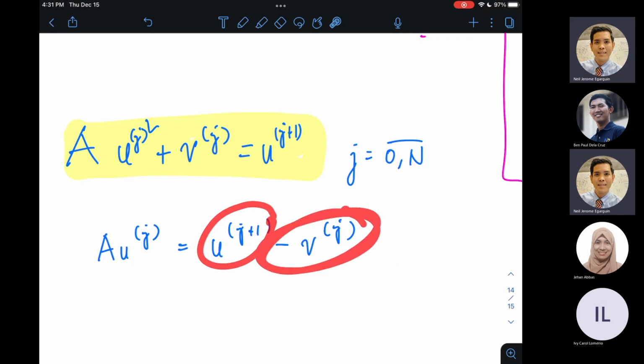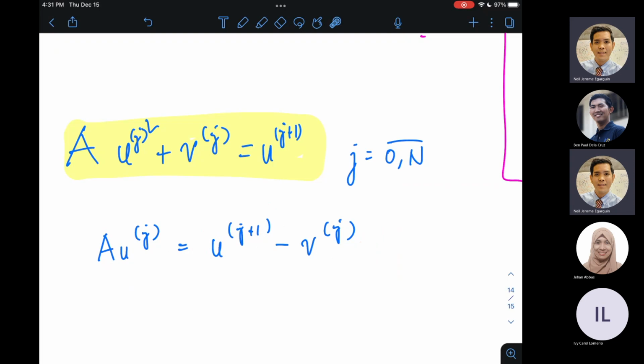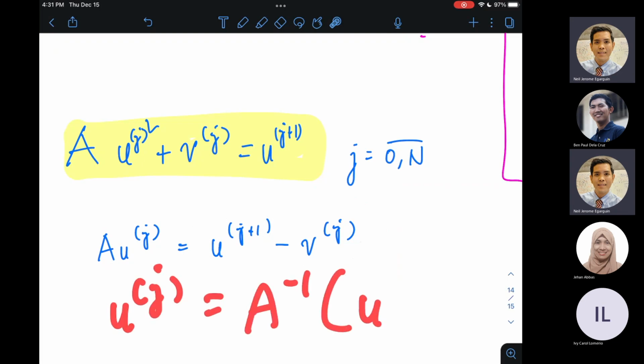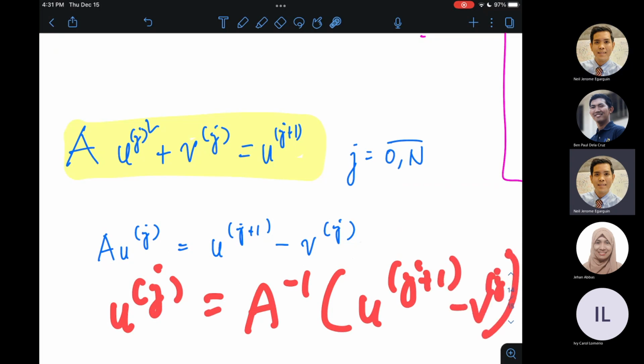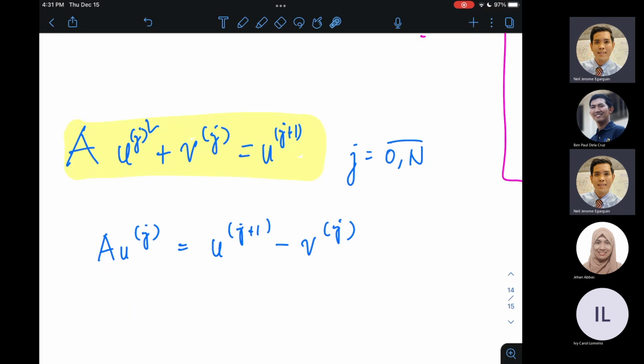You know this because V upper J is just the temperature at the boundary, so you can assume you know what the temperature at the boundaries are. And then, ito ay constant. Tapos, kukomputin mo lang, so U upper J ay equal lamang sa A inverse times U upper J plus 1 minus V upper J. Alright? Tapos makukuha mo si U upper J.